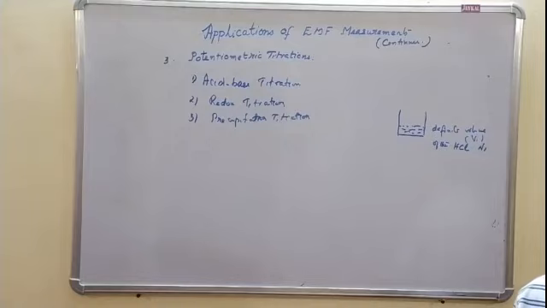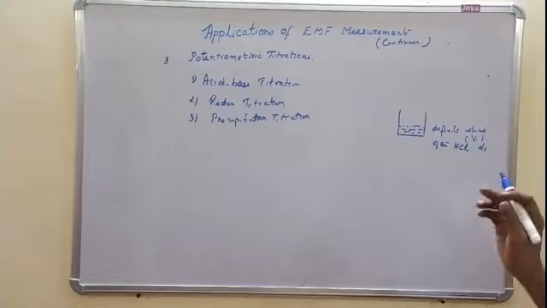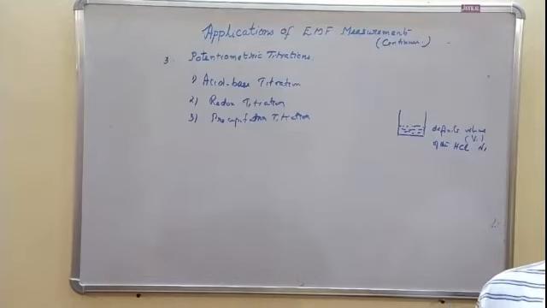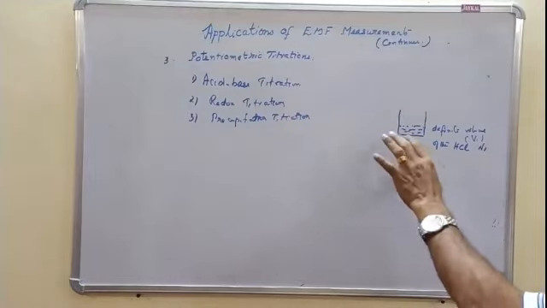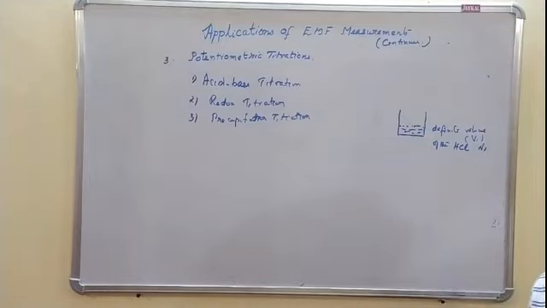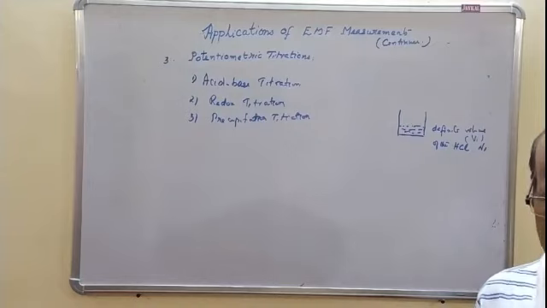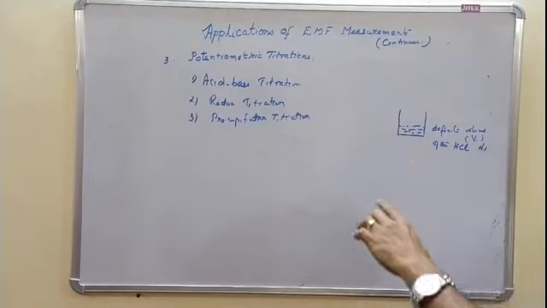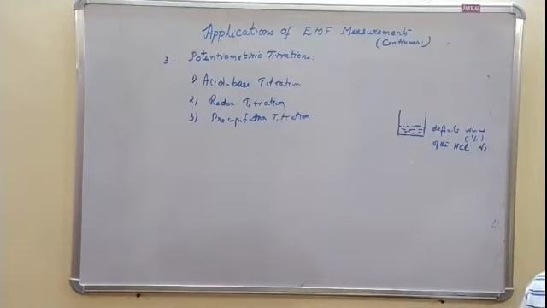A hydrogen gas electrode or a glass electrode is used as an indicator electrode whose potential changes with the change in the hydrogen ion concentration.